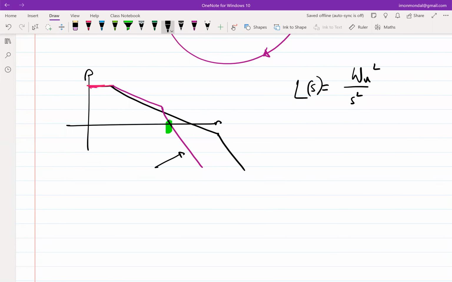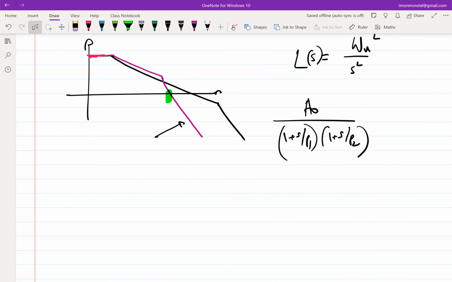So look into your previous lectures and tell me. Assume P1 and P2 are far apart. So first thing, what is omega u loop?